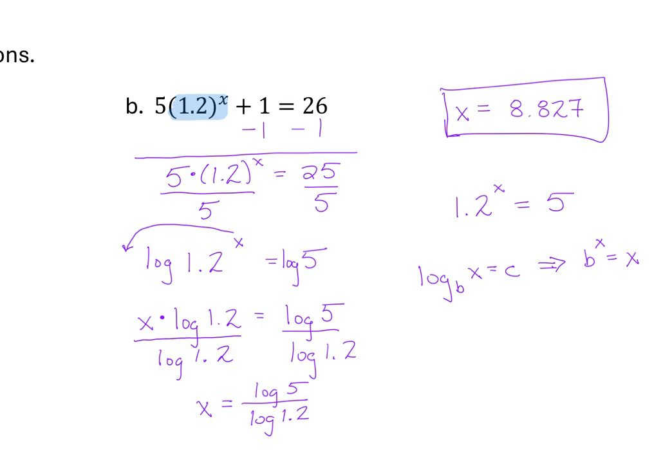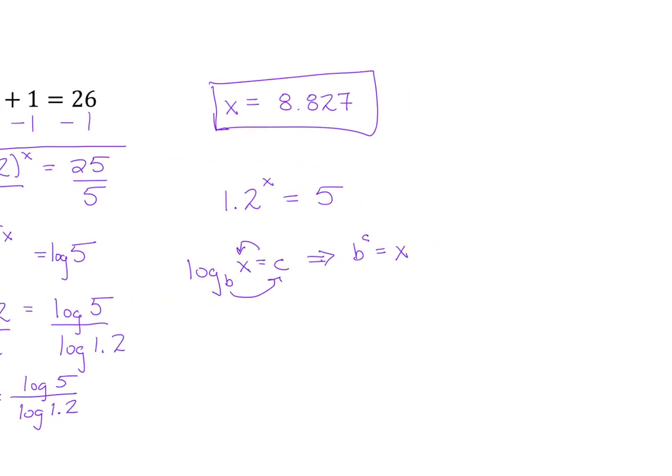Sorry, that was supposed to be a b to the c. Remember that we did our around the world thing. Well, if we want to go backwards using this statement, we have our exponential, and we're going to convert it into a logarithm. So the base is going to be the base. So this is 1.2.